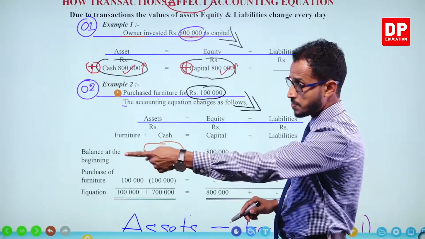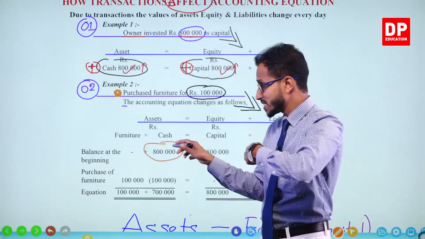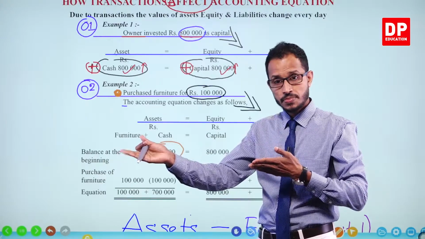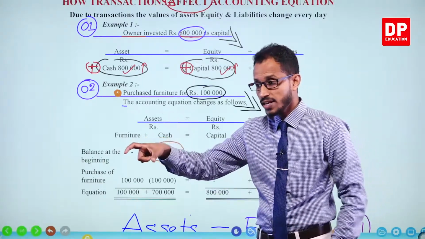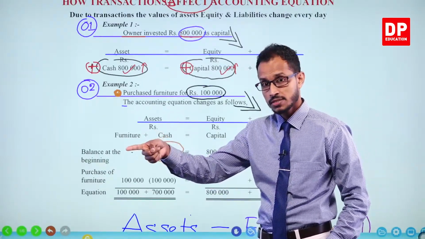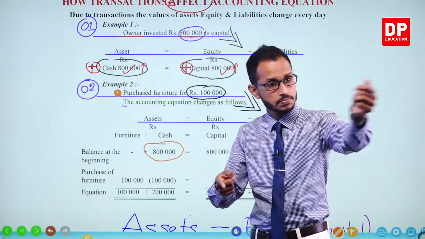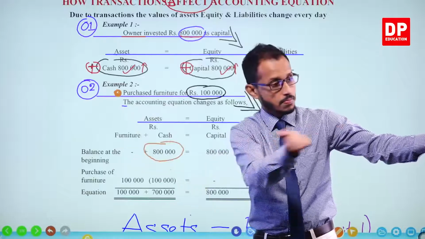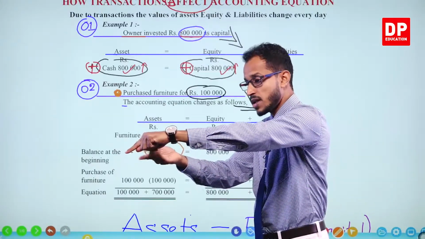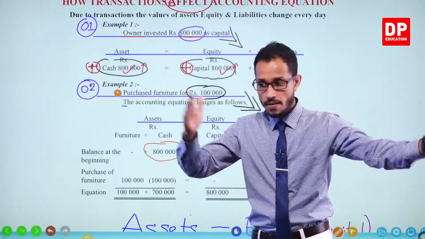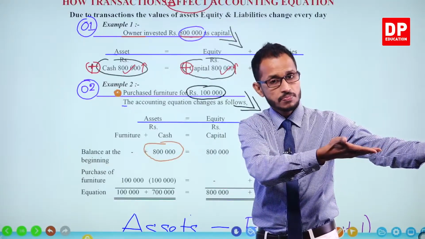That means, children, the money in the cash till, out of that 800,000, 100,000 is spent. 100,000 has gone out. Okay?